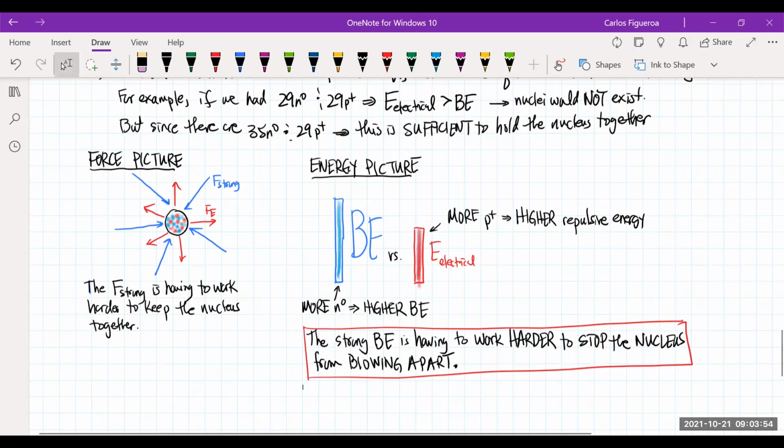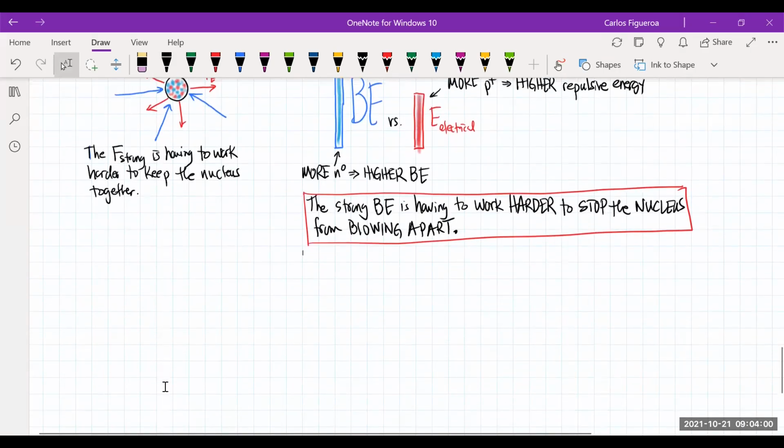I'm going to go to the heavy nuclei. And for the heavy nuclei, I have to compare two atoms now. To really see what is going on, I have to take lead.